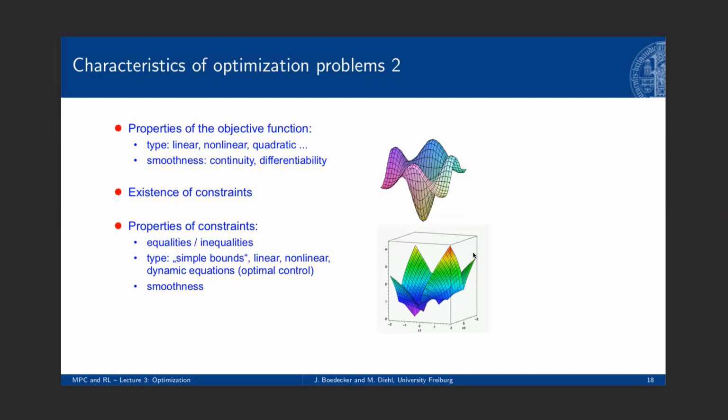And if you have constraints, are there equalities? Are there many equalities? Maybe there are as many equalities as you have decision variables, and there are no degrees of freedom left, right? Or do you have inequalities? Lots? Do you have maybe just bounds like upper and lower limits? Do you have linear inequalities or even nonlinear? Or maybe dynamic equations like we have in optimal control problems? And also these constraints can be smooth or not.